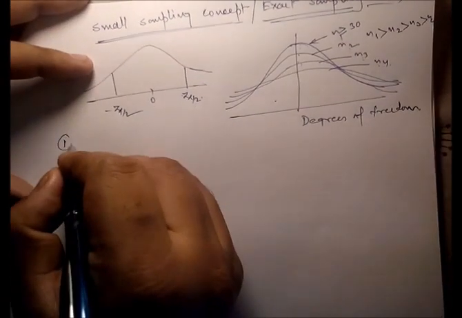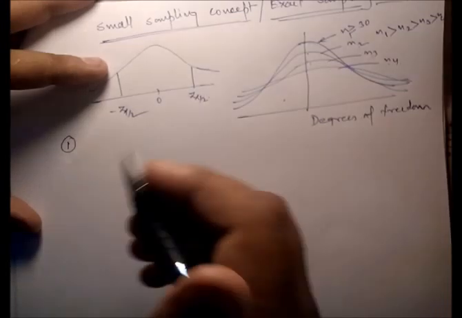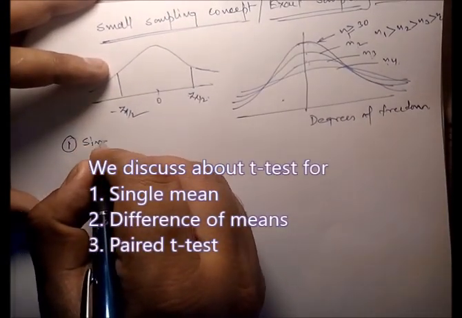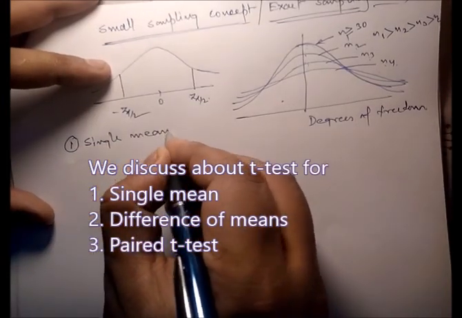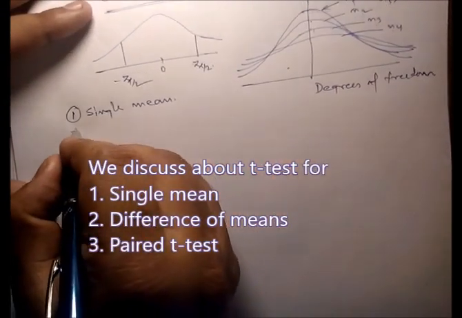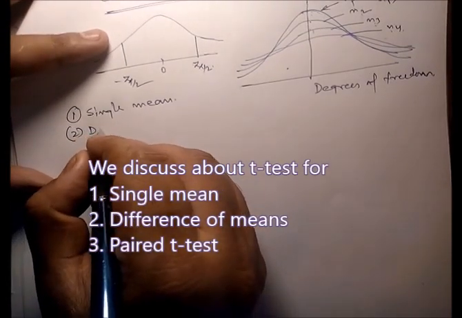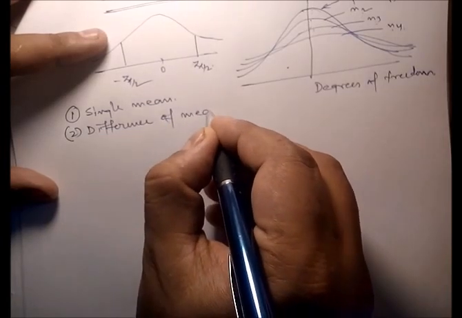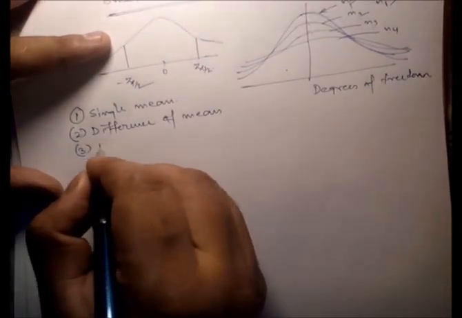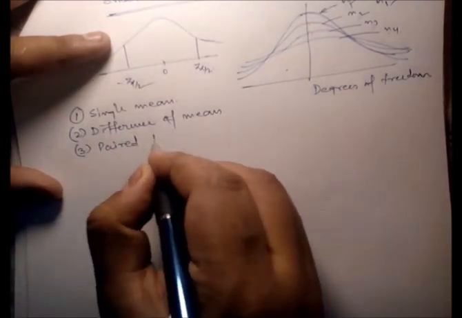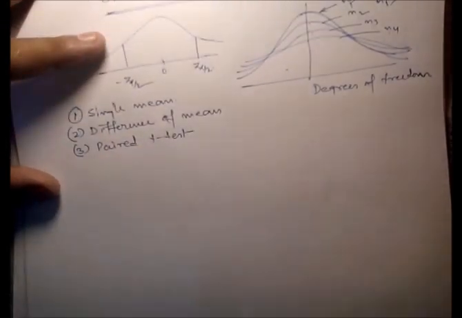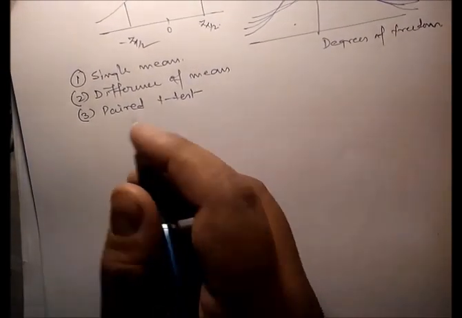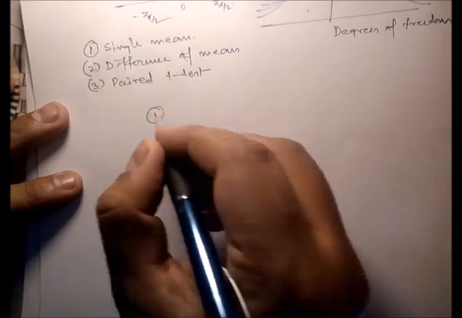In this particular small sampling topic, we will talk about the single mean, next, the difference of means, and third, the paired t-test. So first one, single mean.